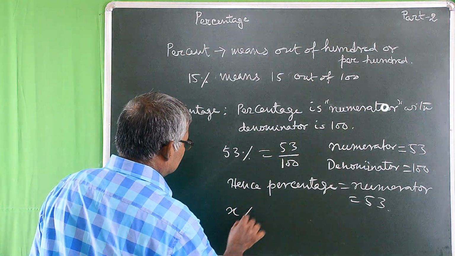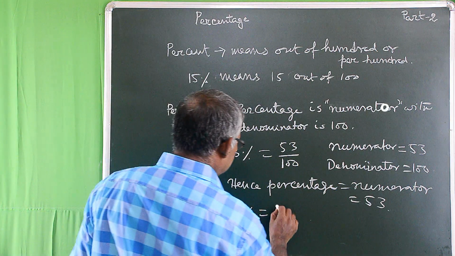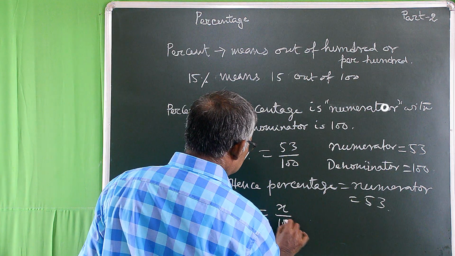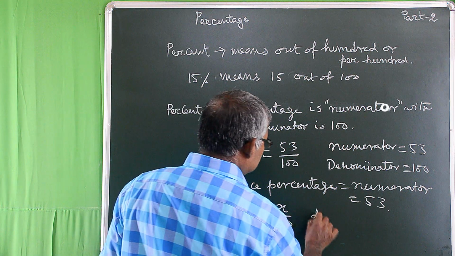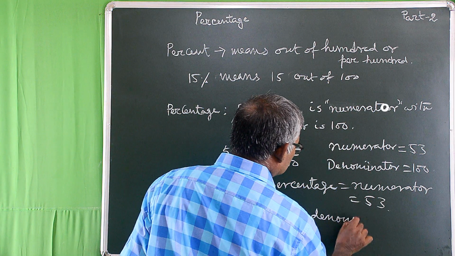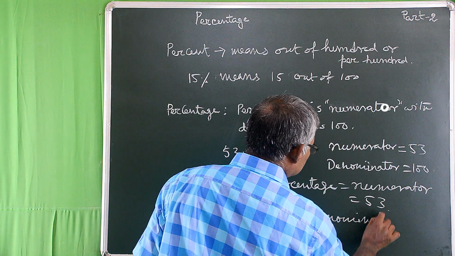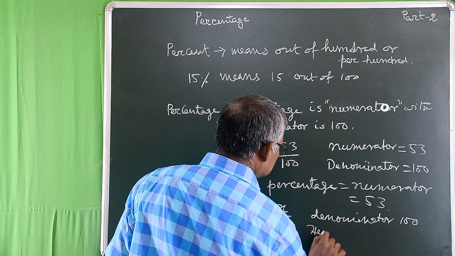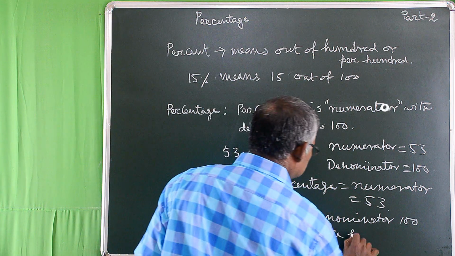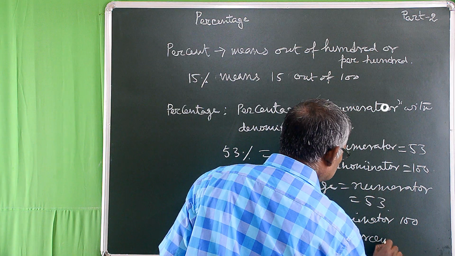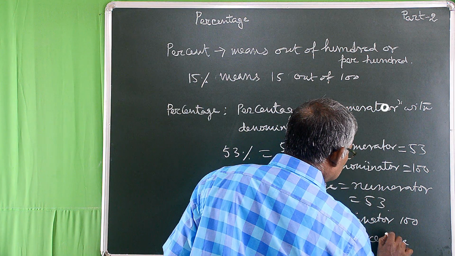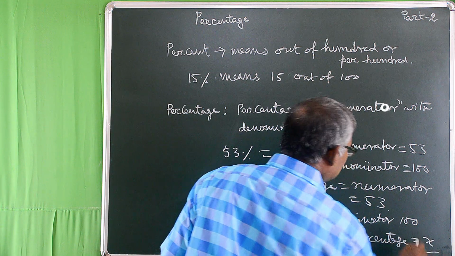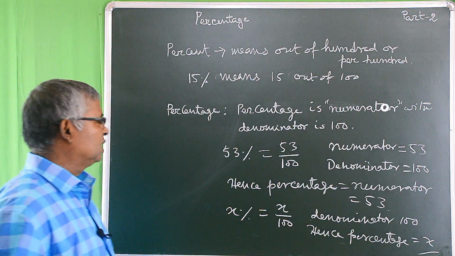Suppose x percent, so we can write x by 100. Here denominator is 100, hence percentage equal to x, the value of the numerator.